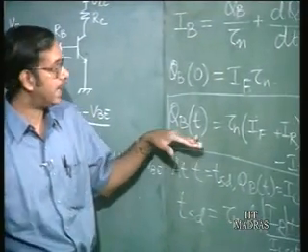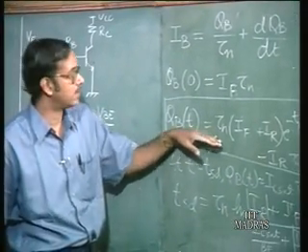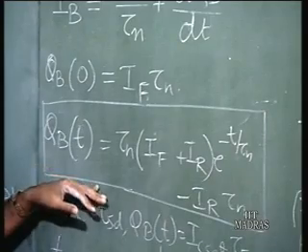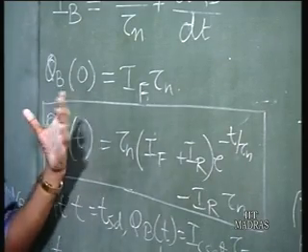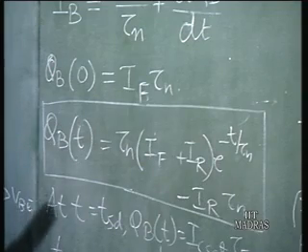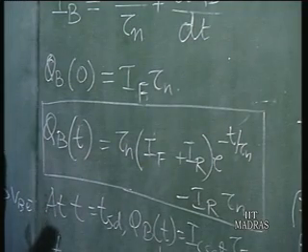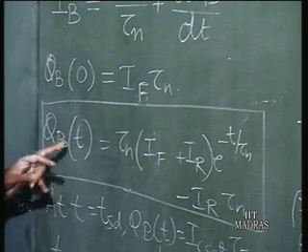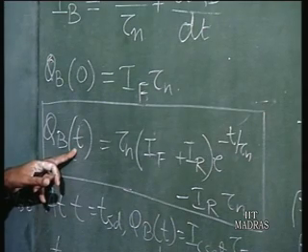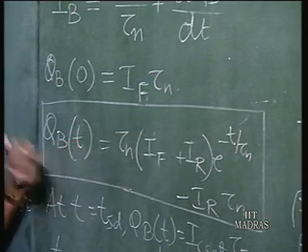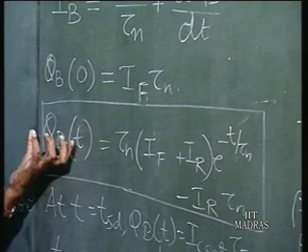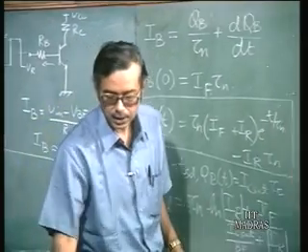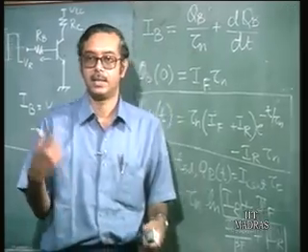You again take this relation for QBT, and you take the value at discharge time TD, that is the total time required for the transistor to totally cut off, QBT is equal to 0. You solve for that, and that will give you the total discharge time. Okay. All right. I think I will take that up in the next class.